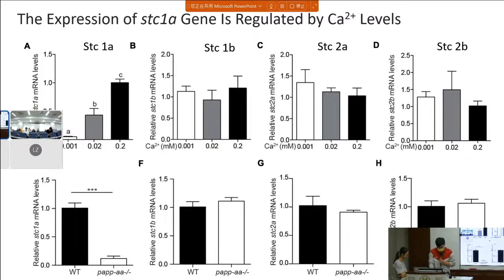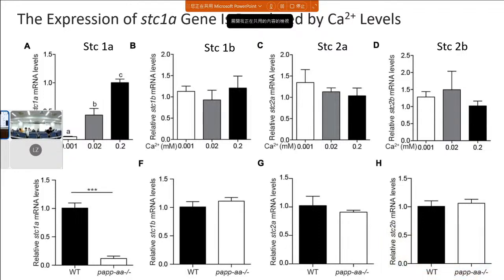It can be seen from the figures that STC1 mRNA in the PAPP-A homozygous mutant fish is significantly reduced, whereas other STC are not. This data indicates the STC1 gene expression is regulated in a calcium ion dependent manner in the zebrafish embryos.